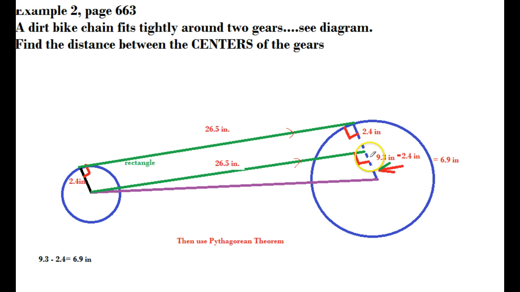Now how do we get this little piece of the right triangle? Well, we know the whole large radius is 9.3. We know the rectangle that we carved out, the piece is 2.4. So this piece of the right triangle is 9.3 minus 2.4, which is 6.9. And now we just have a right triangle Pythagorean theorem problem.